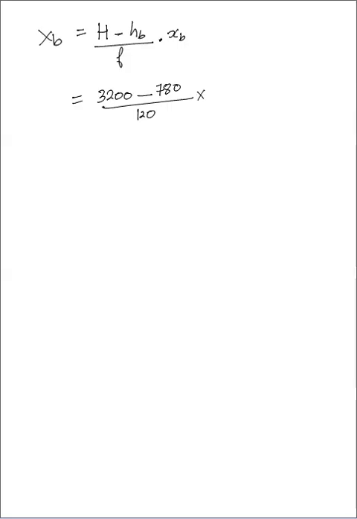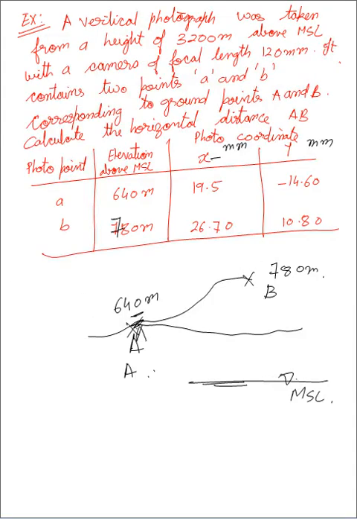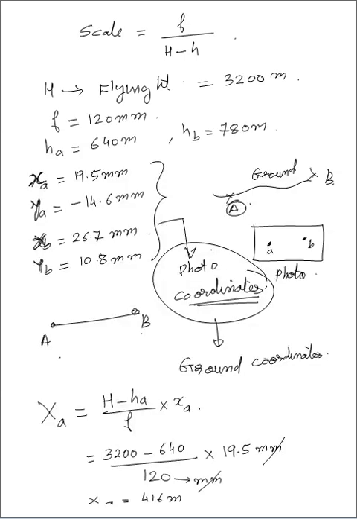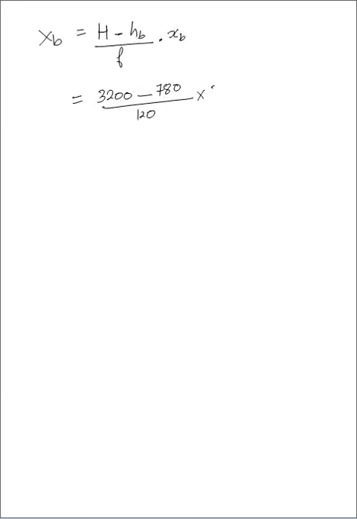Again, don't convert mm into meter. The value of xb was 26.7, positive. So find out the value of capital XB using a calculator. It will come out to be 538.45 meter.